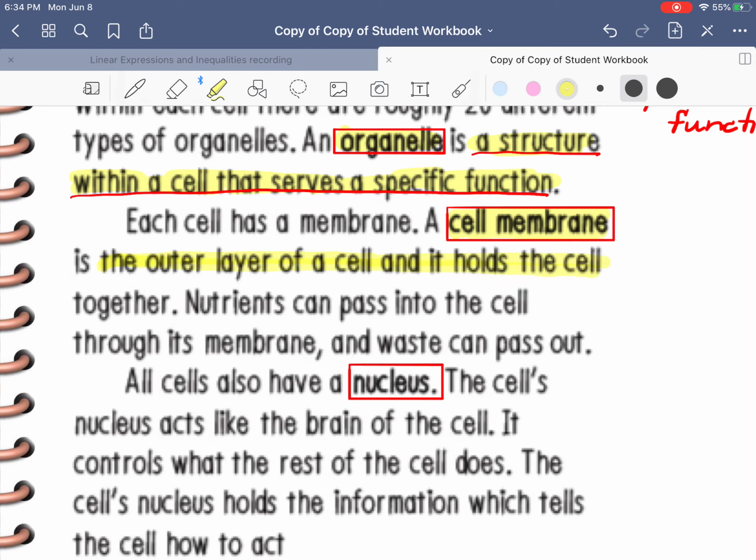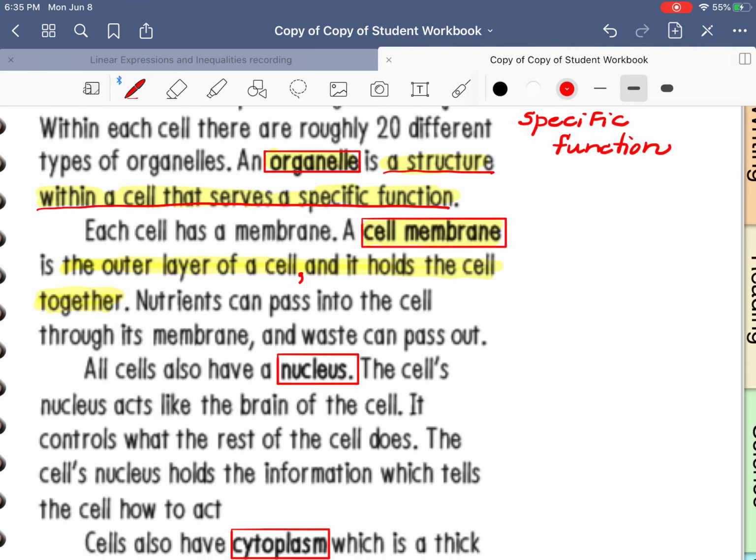This person's grammar is atrocious. I did not write this. A cell membrane is the outer layer of a cell, and it holds the cell together. I would not have worded it that way, but they definitely need a comma right there.